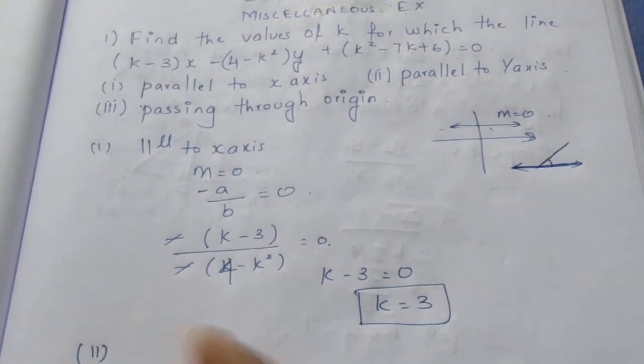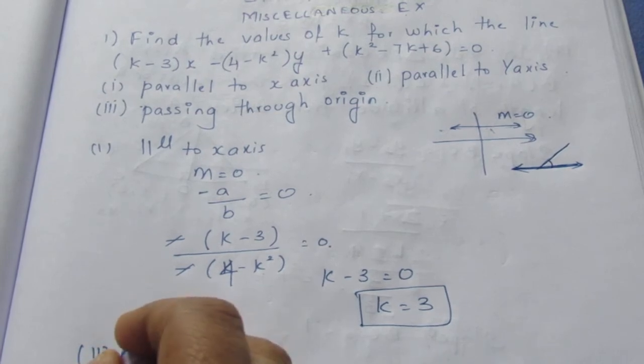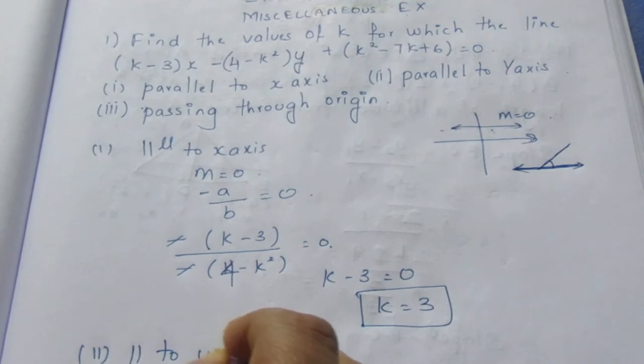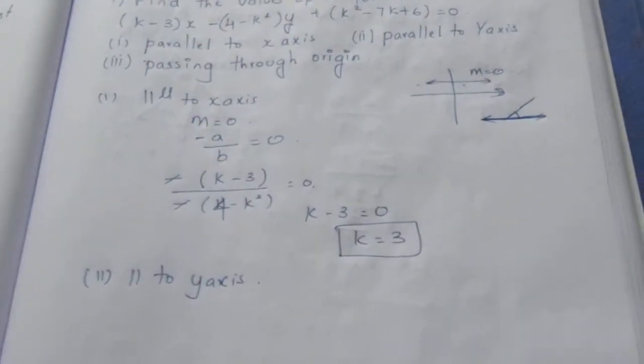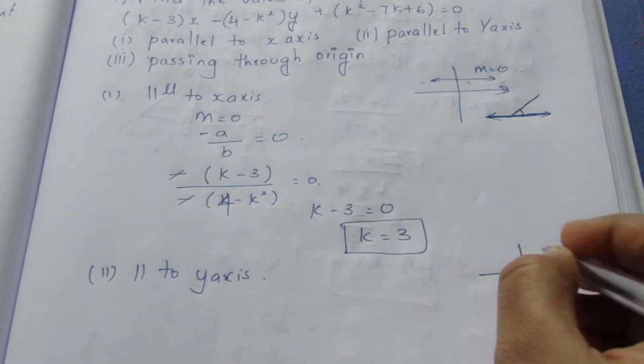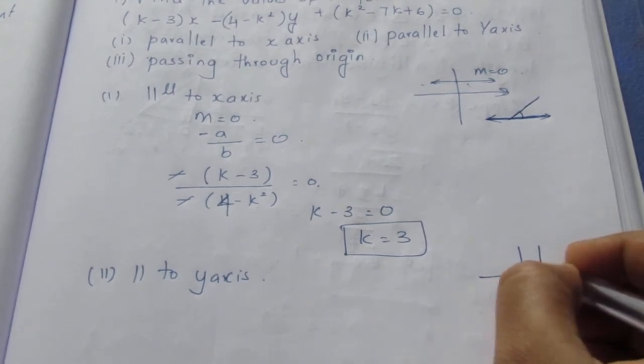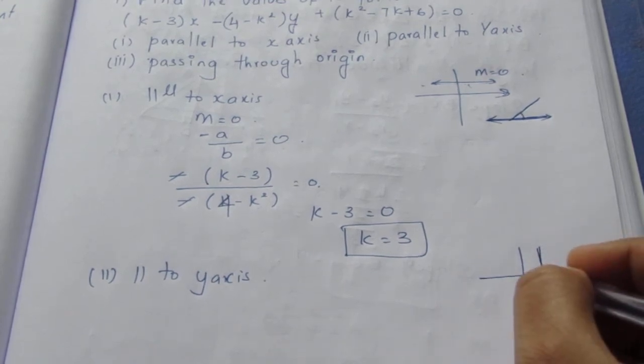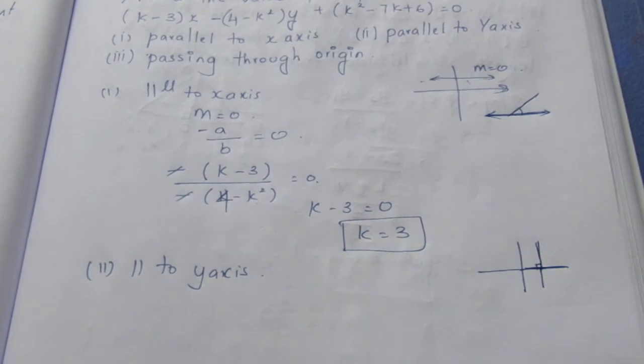For the second one, here they have given parallel to y-axis. For parallel to y-axis, the line will be 90 degree to the base, 90 degree to the horizontal line.